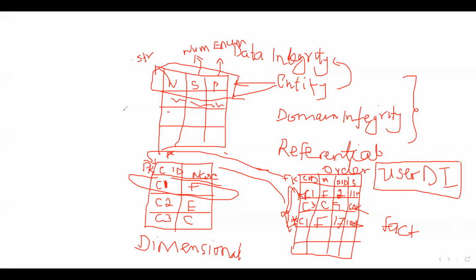So the testers will come and check whether there is any column that violates this. They can just write a query to select all rows where the name is not text, or where the salary is not a number. And if it returns rows, that means your database has failed.